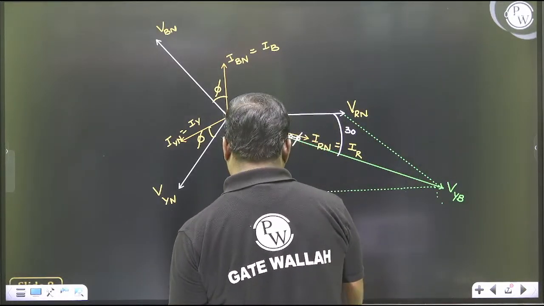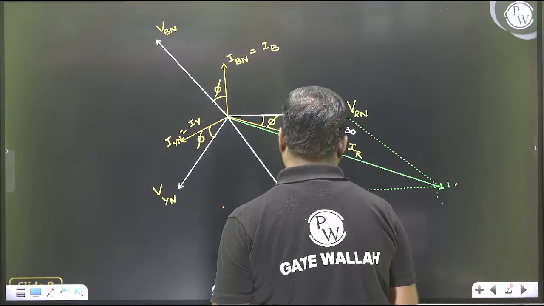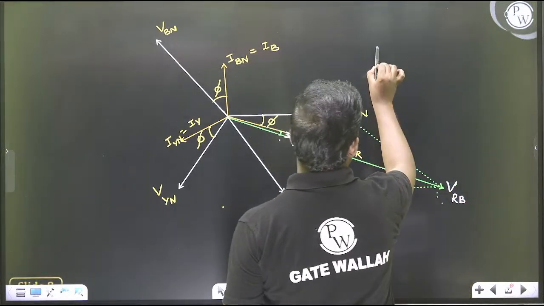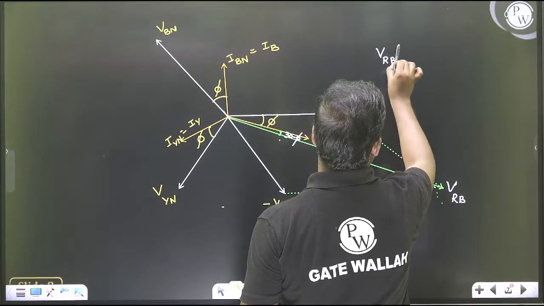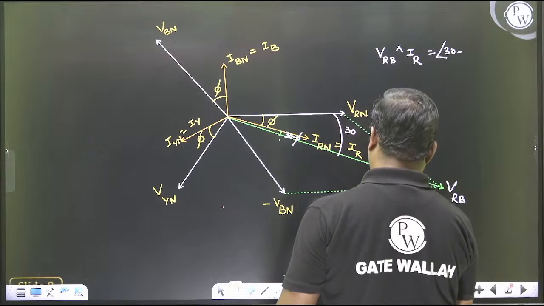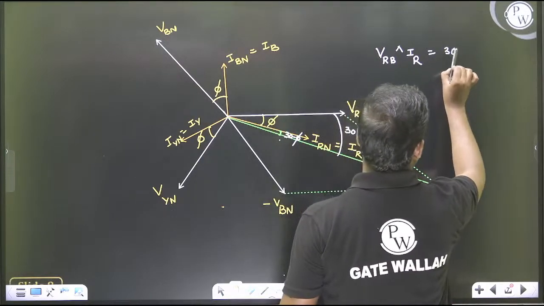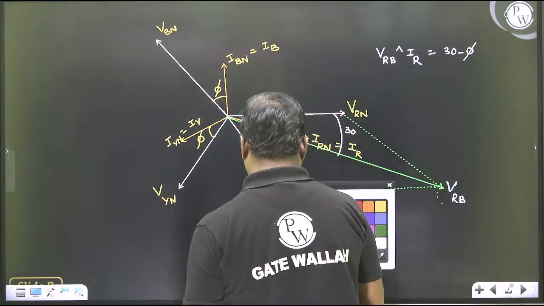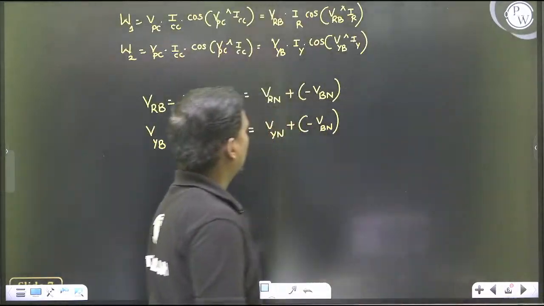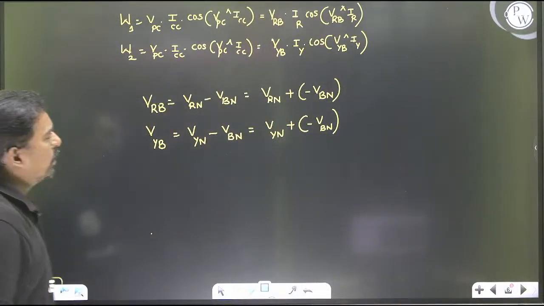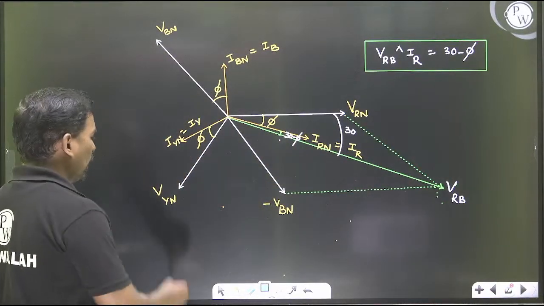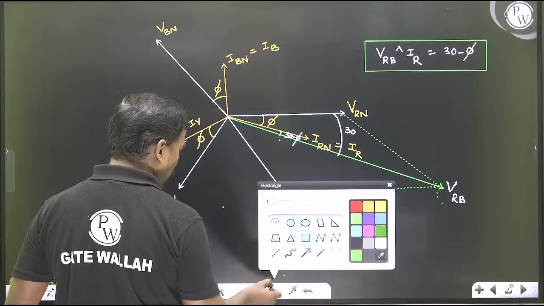So the angle between VRB and IR is 30 minus phi. Next one is VYB and IY. So VYN, this one. So how to make VYB and IY?